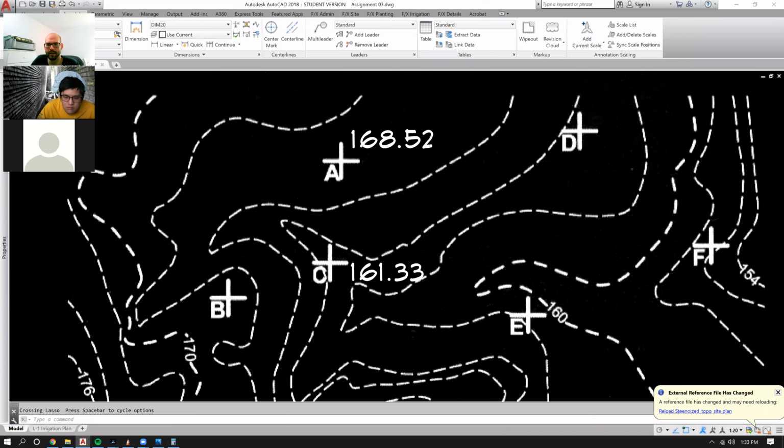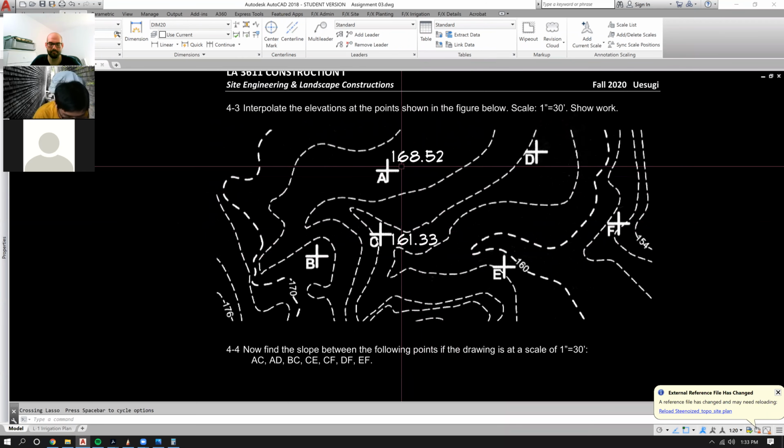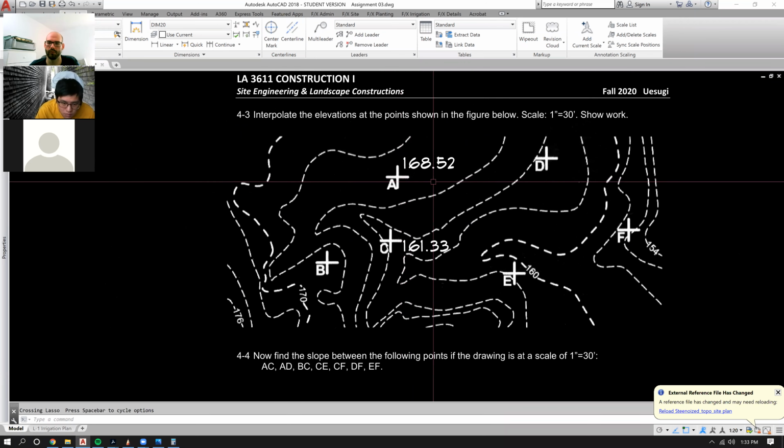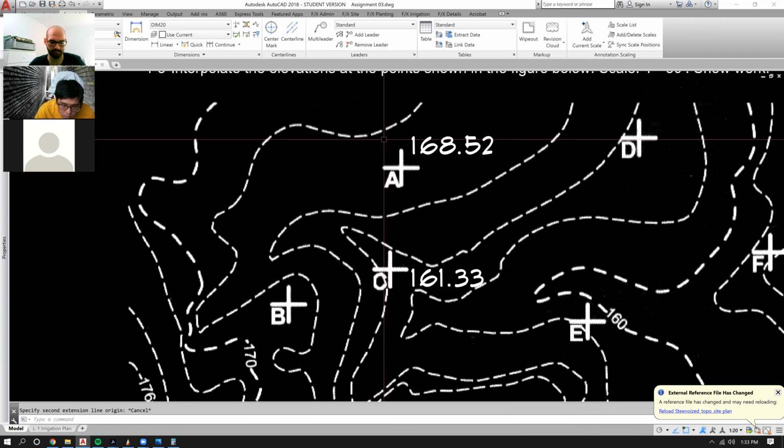So I'll show you in AutoCAD, but it's basically going to be the same principle with your ruler and everything. This is scaled to what it would be in real life.